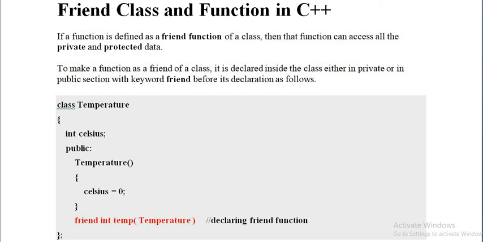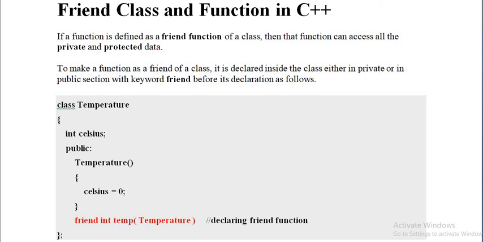You must know the difference between declaration, definition and call. The function declaration should be preceded by the keyword friend, and the function can be defined elsewhere in the program, just like your normal C++ functions. The function definition is outside the class.